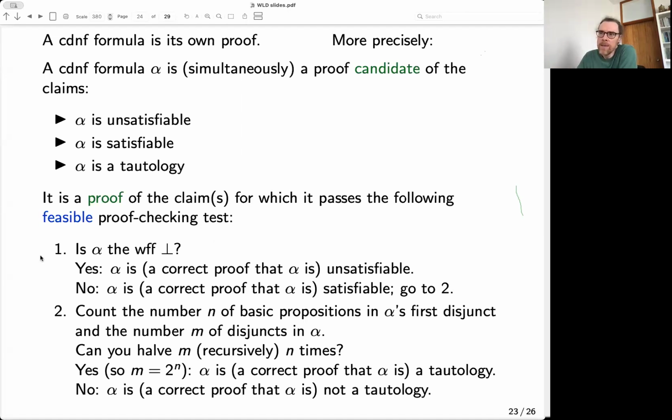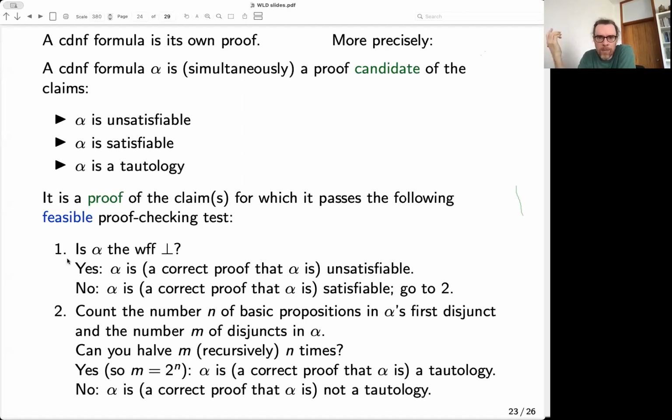Okay, so here's the test. You take this formula in CDNF, and the first part of the test is you say, well, look, is it the bottom, that particular disjunction of 0 CDLs? If it is, then it's unsatisfiable. We said that that's false on every model. And if it isn't, then it's satisfiable. So all you have to do is just look at the formula.